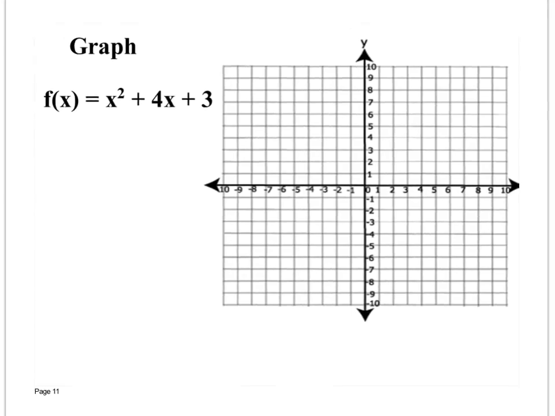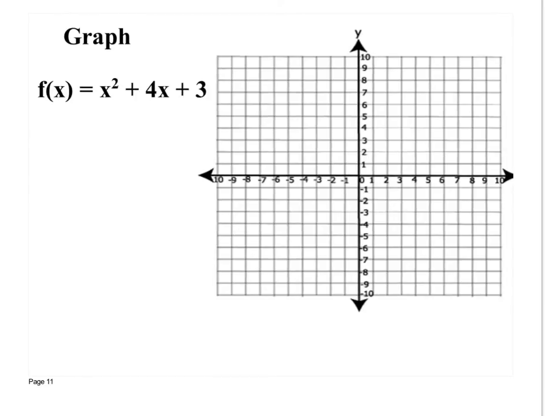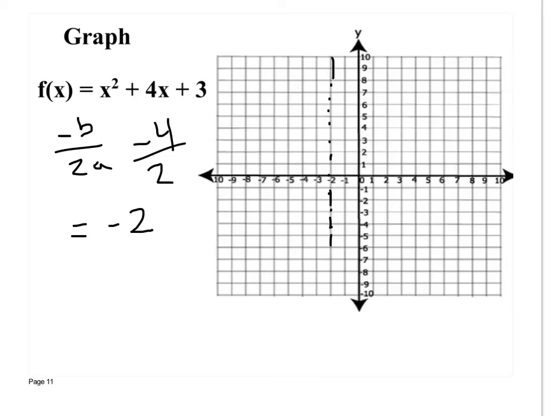So let's graph this one, x squared plus 4x plus 3. All right, step 1 is we find the axis of symmetry using negative b over 2a. So negative 4 over 2, which gives me negative 2. So there's our axis of symmetry right there, that dashed line.